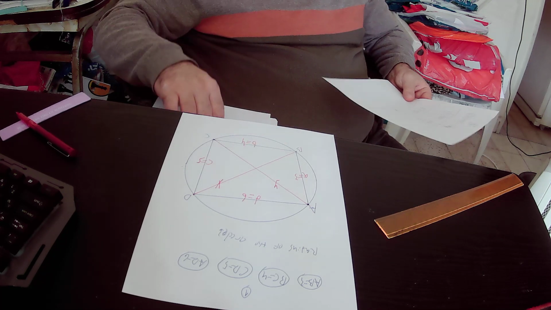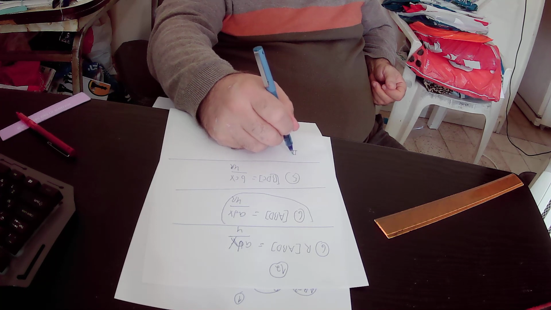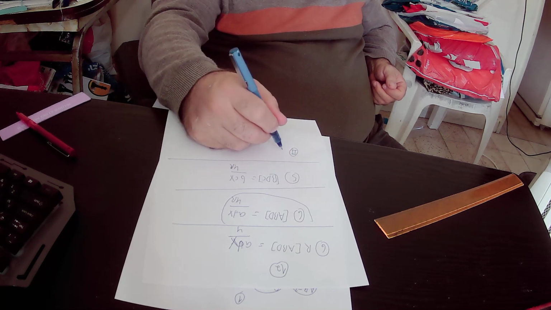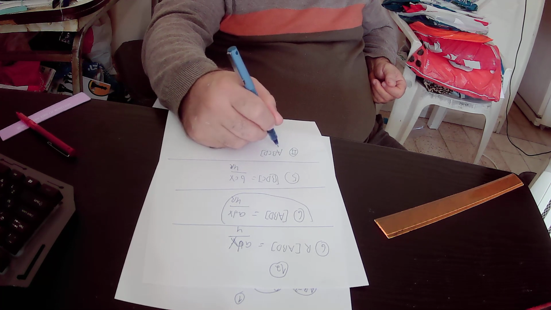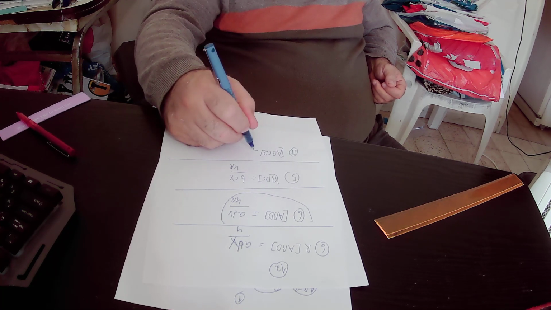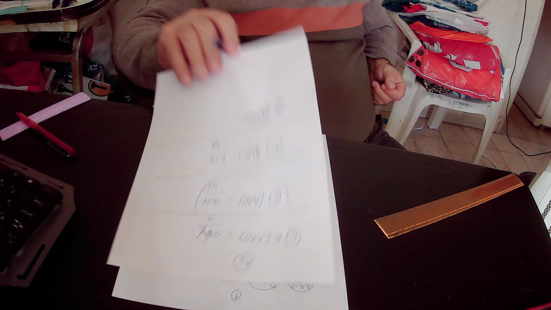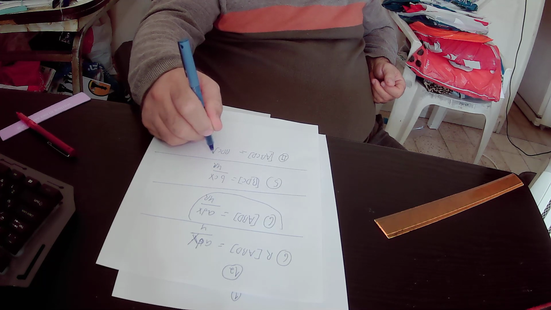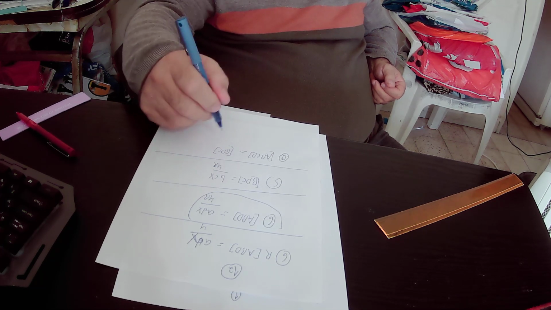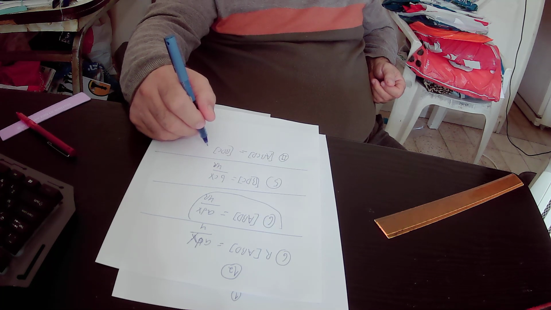I will write down that the area of quadrilateral ABCD, according to equation number 2, equals the area of triangle BDC plus the area of triangle ABD.